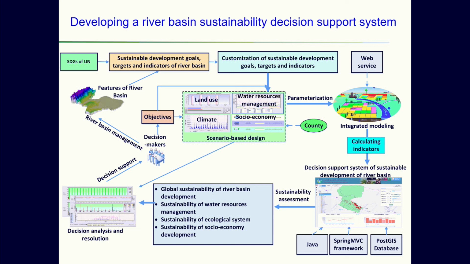The indicators of this system, we adopt the UN SDGs: SDG for sustainable water resource, SDG for ecological system, SDG for society economical development. But we do some localization, some customization, and we can do future projection according to different scenarios of land change and climate change.